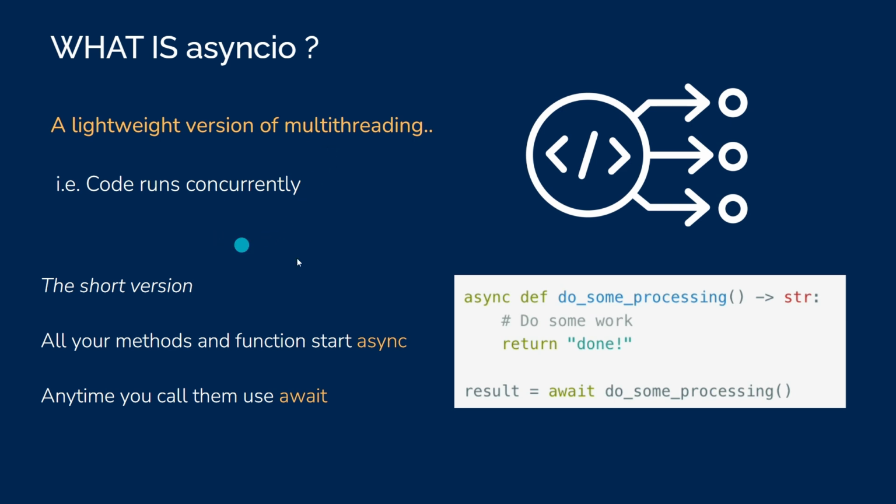You can imagine having any function which is responsible to do something and deliver some result, like done, and you want to run many of these at the same time.